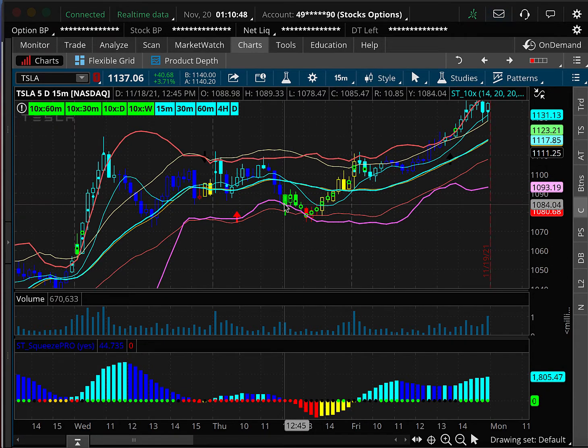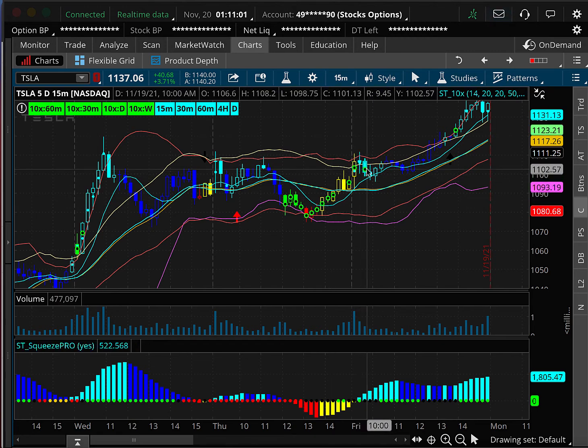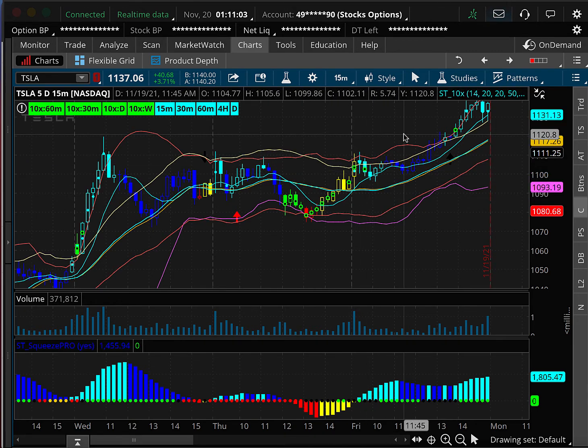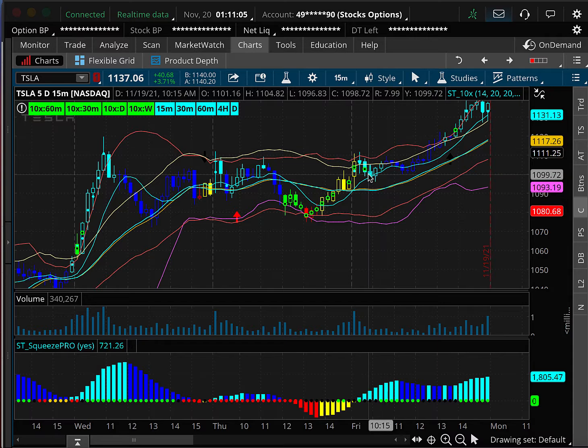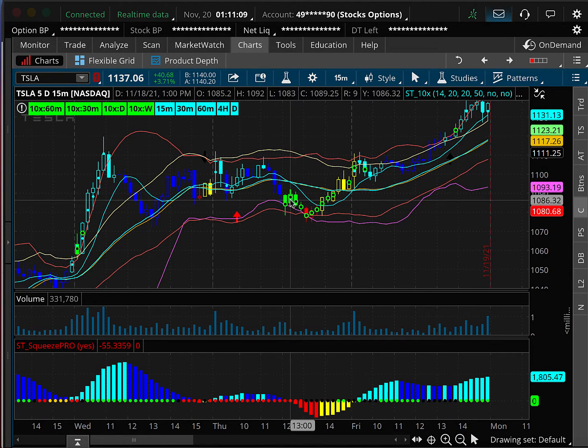But if you see a green candle with that circle, that means the squeeze is thinking that it's going to fire downward. So if you get a green circle on a normal color bar, that's an upward momentum burst, an upward squeeze firing. And if you get a green circle on a green candle, then that's presumably a downward firing squeeze.